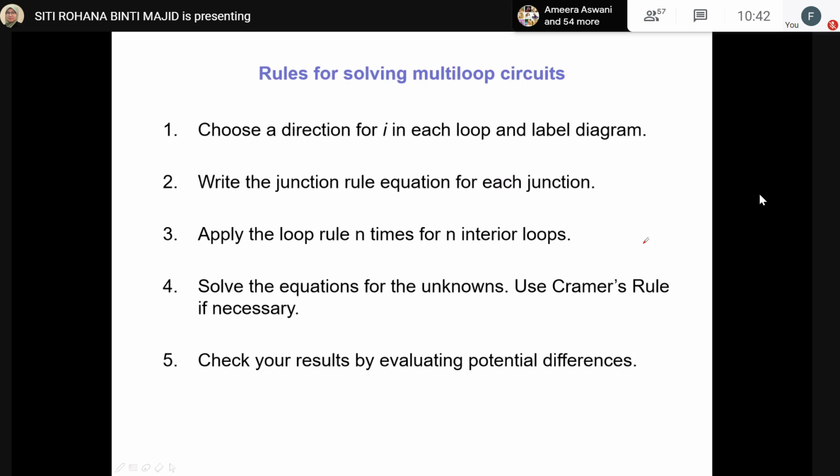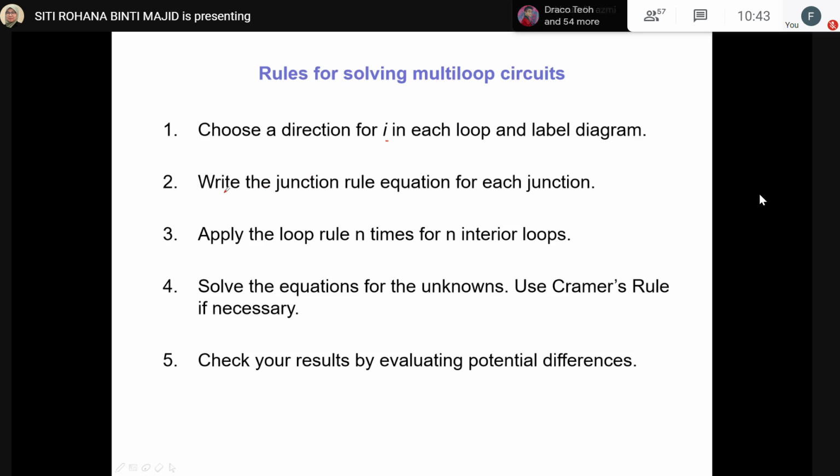So there are a few tips to solve multiple loops circuit. The first one, we choose direction of current in each loop, or in other words, we decide which way you want the current to flow. So you have to label the current flow in each loop.